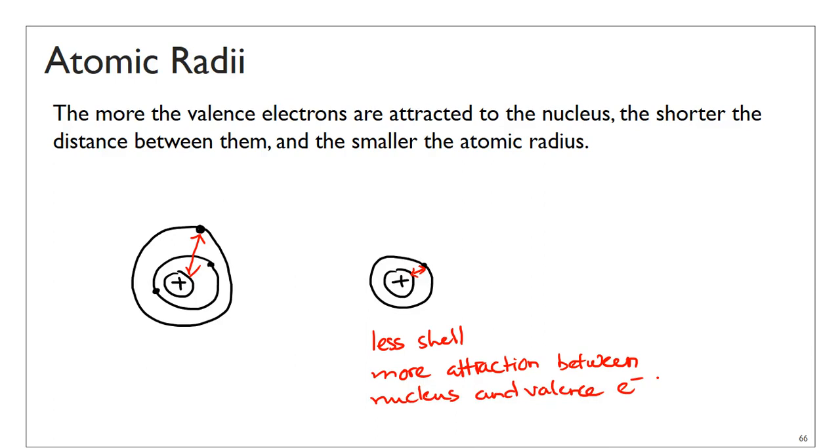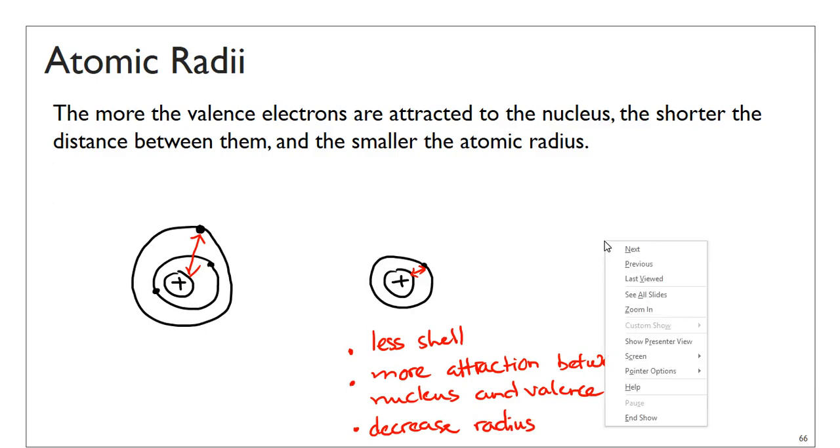And if the nucleus is more attracted to the valence electrons, it's going to pull the valence electrons closer towards it. So if it pulls the electron closer towards it, that is going to decrease radius. Decrease radius. Okay, I think that's fairly straightforward to understand, hopefully.